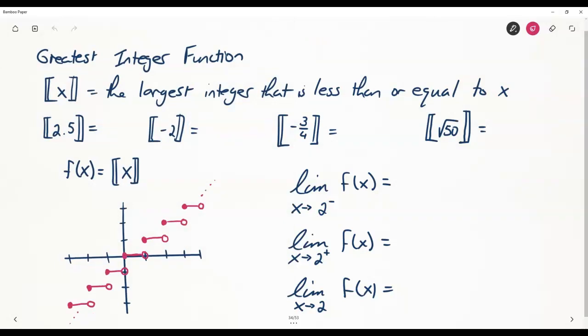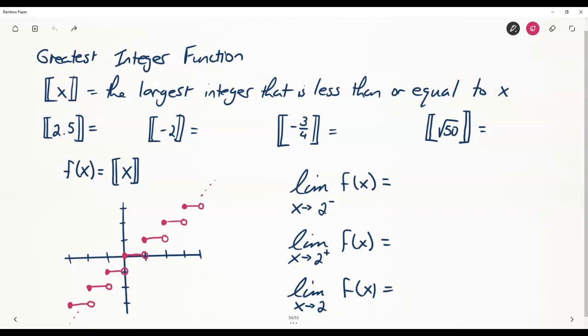All right, so I don't know how much use we're going to get out of this function called the greatest integer function, but at some point it's important that you see it because it does show up in various applications. The greatest integer function is denoted by using these double-barred square brackets.